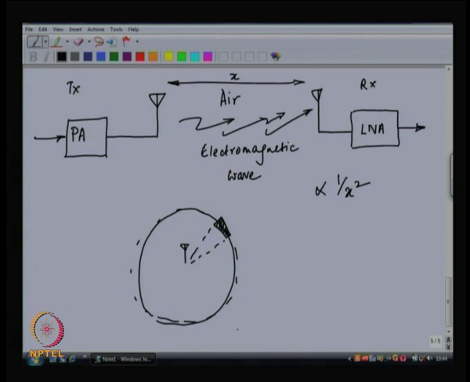Now, there is also this other thing about losses. All the power transmitted by the transmitter is not really received by the receiver; some of it is lost in air, in the atmosphere, some of it is lost as heat. So, we typically like to minimize losses.